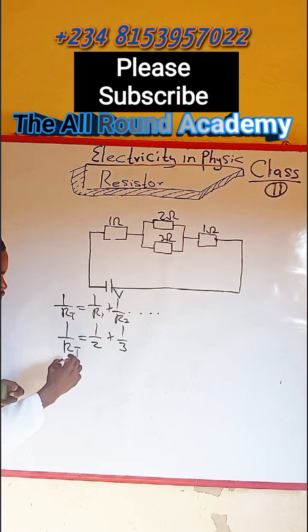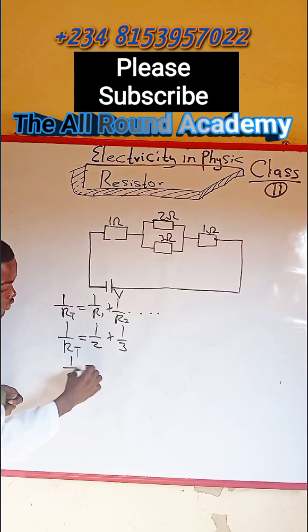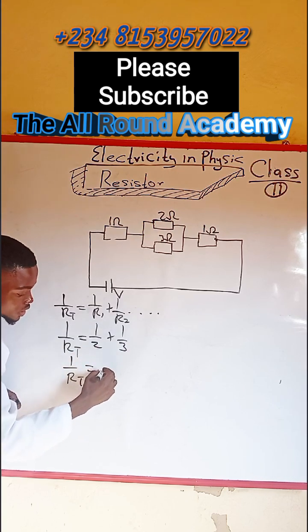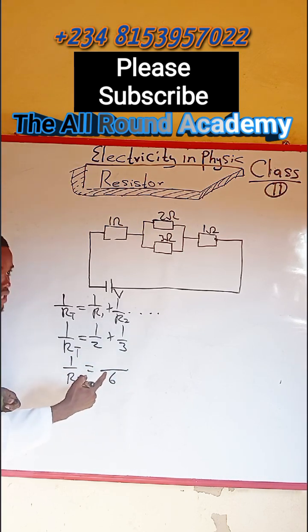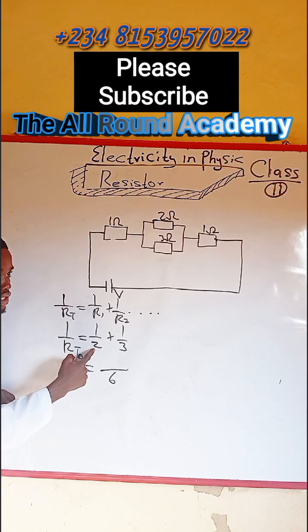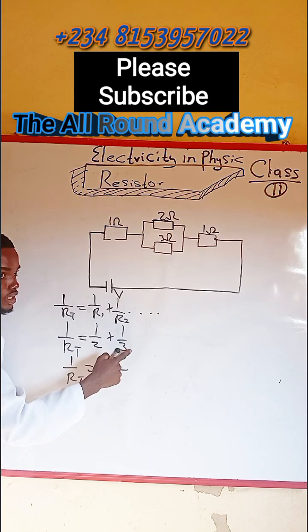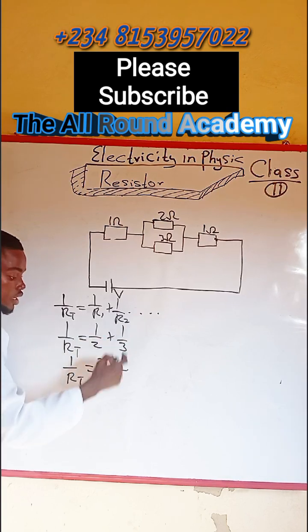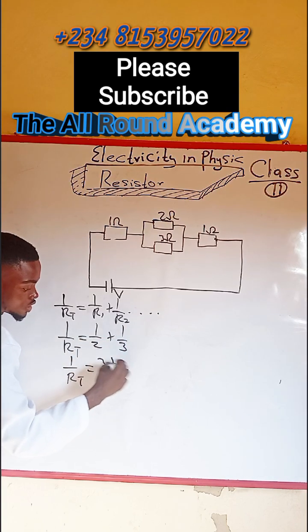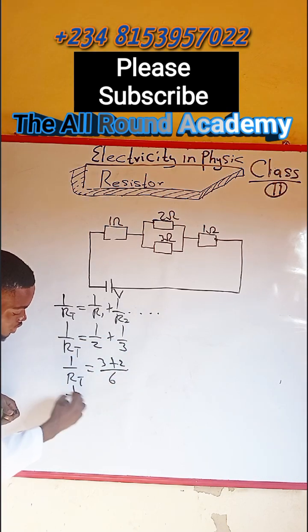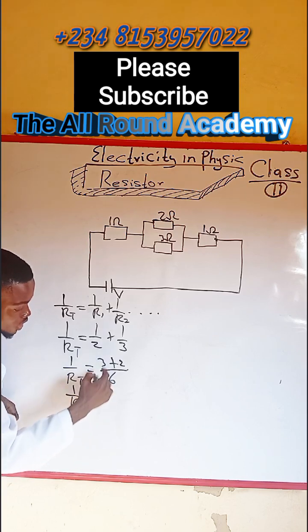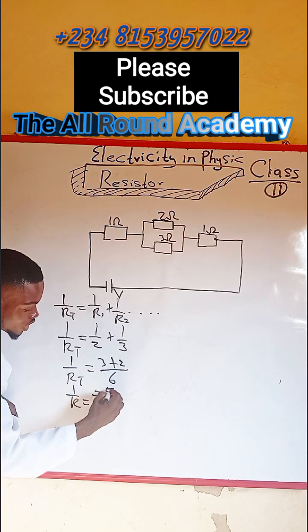Now, the LCM of 2 and 3, I will take as 6. So 6 divided by 2 gives me 3, 3 multiplied by 1 is 3. 6 divided by 3 gives me 2, 2 multiplied by 1 is 2. That is plus.